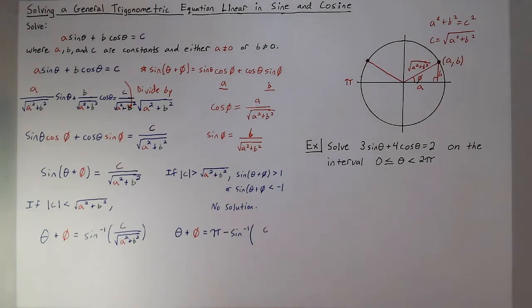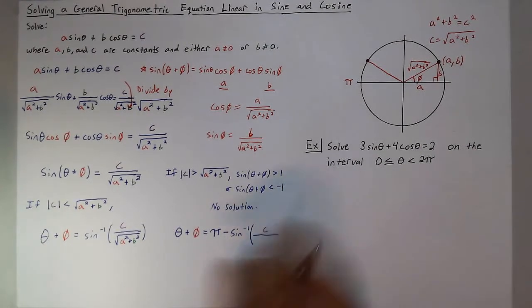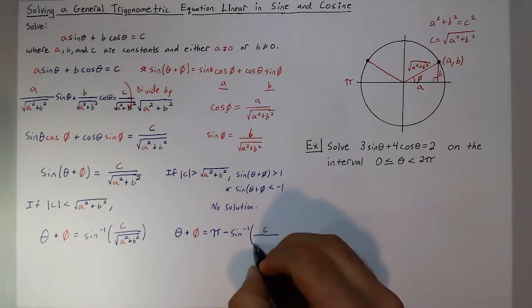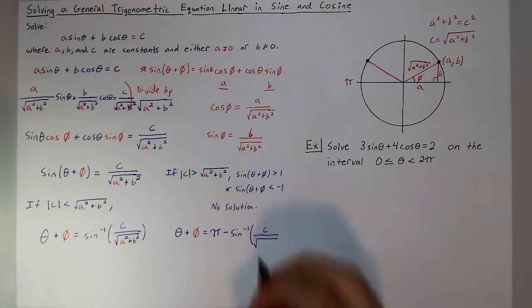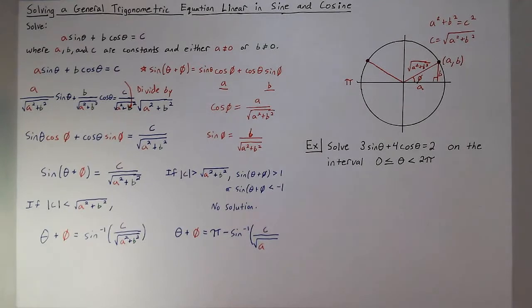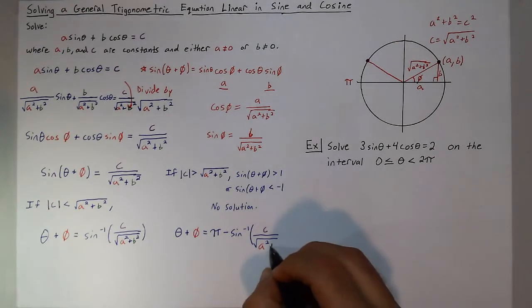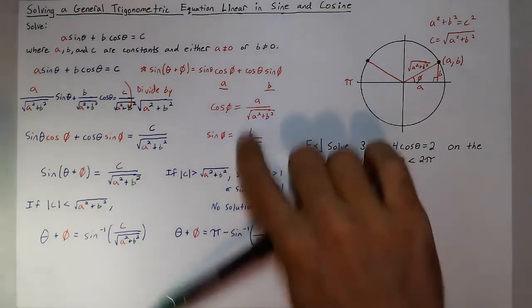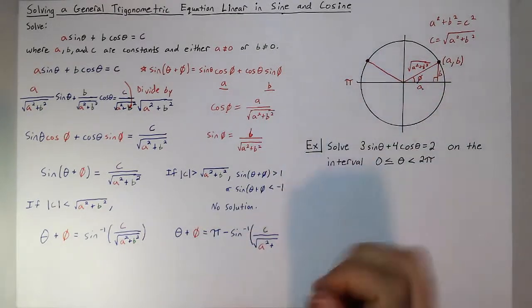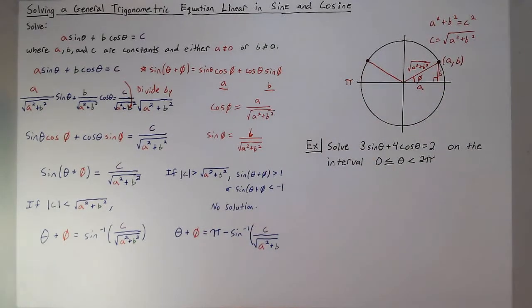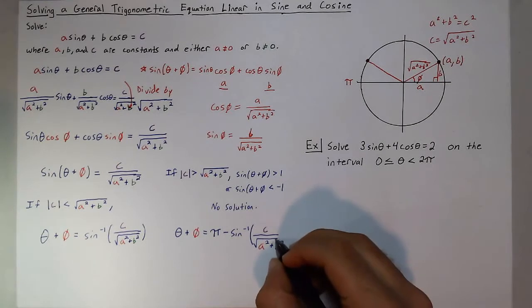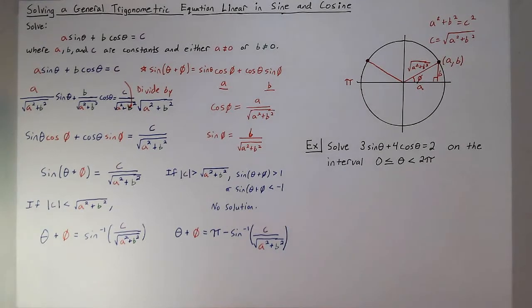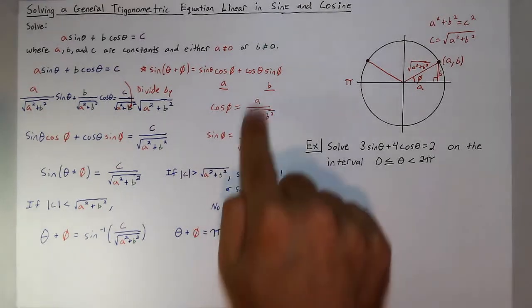Now you may be wondering, this doesn't completely solve it because I don't have theta by itself. So what I need to do is figure out what that phi would be so I can subtract it from both sides of the equation. And that's not hard to do because we actually have two possible ways to get phi up here. I can figure out what the phi should be just by solving one of these equations.